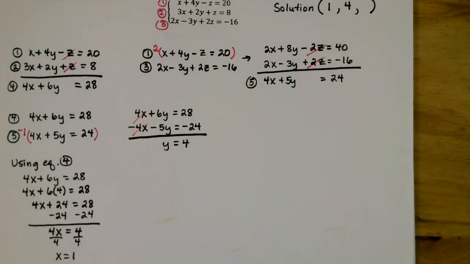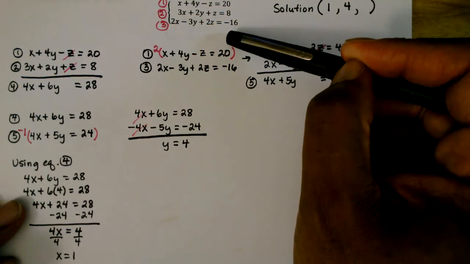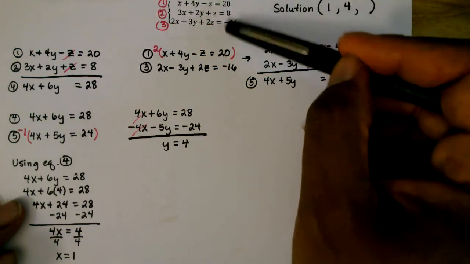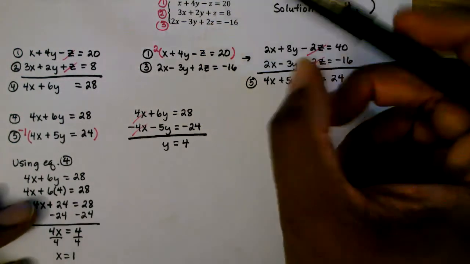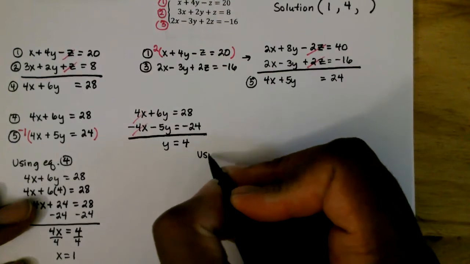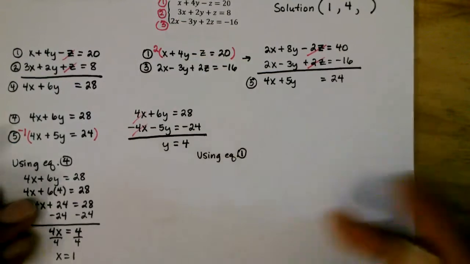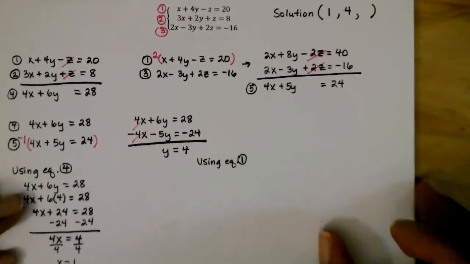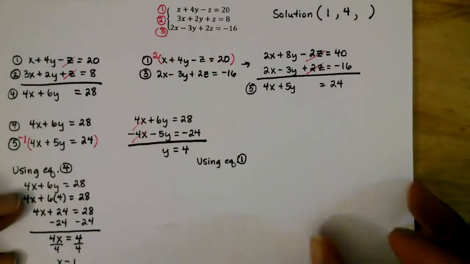Now I need to find out what z is going to be equal to. So that means I need to use one of the 3 original equations and substitute the x and the y into one of those 3 equations. Now in this case here, I'm going to go ahead and use equation 1. And equation 1 is this, that x plus 4y minus z is equal to 20.